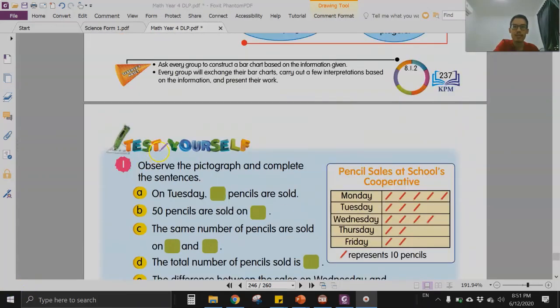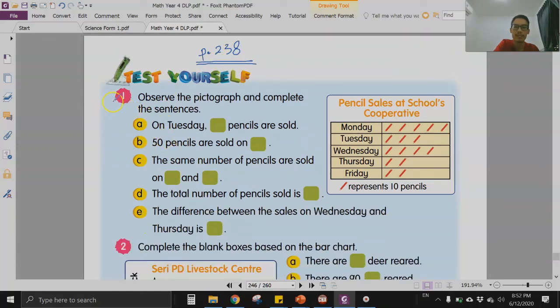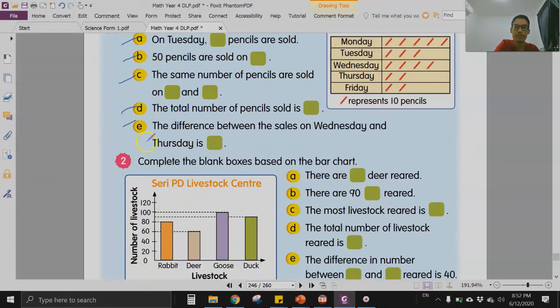So your second homework, remember there are 2 homework, yeah? The first homework is on proportion. This is the second homework on data handling. This is page 238. Okay, you have to do everything here. So question 1, look at this graph, alright, and answer everything here based on the pictograph.